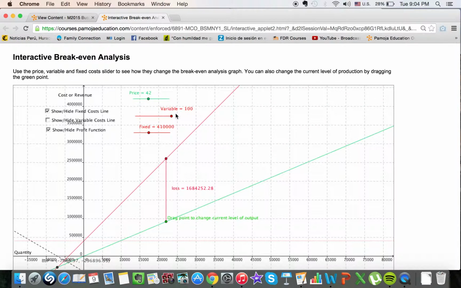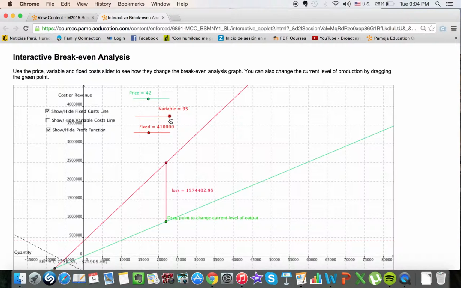If I start at a really high variable cost, first of all, I want you guys to notice that if I have really high variable costs, I am making a loss, which is this vertical line. This is because my total cost line is above my total revenue line, and it means that my costs are too big, and the revenue received from selling my products is not enough to cover this cost.